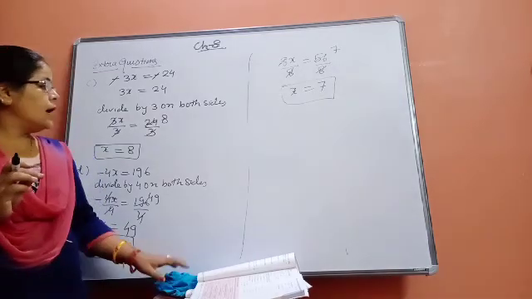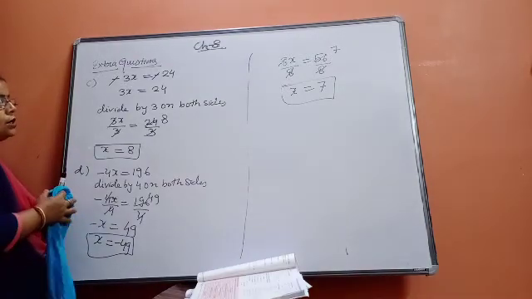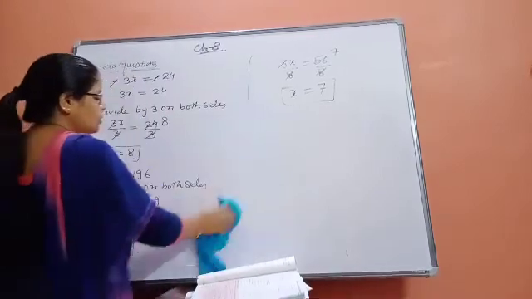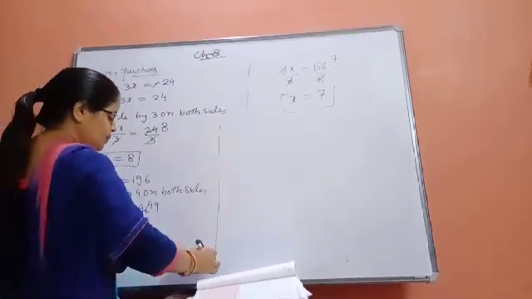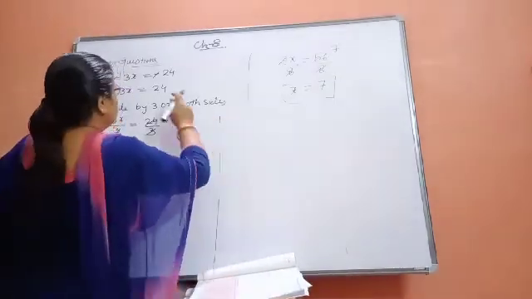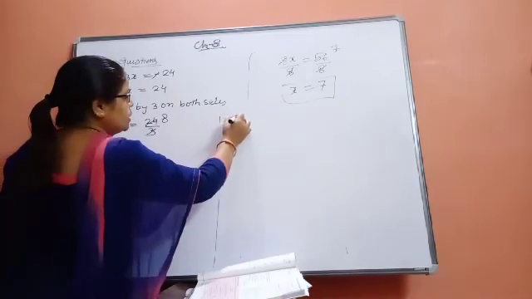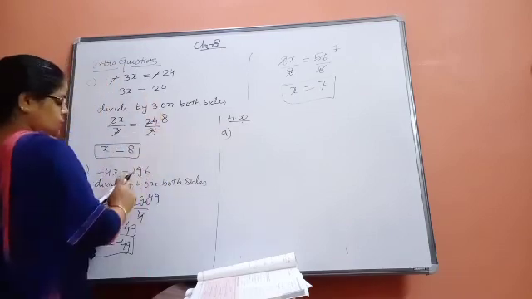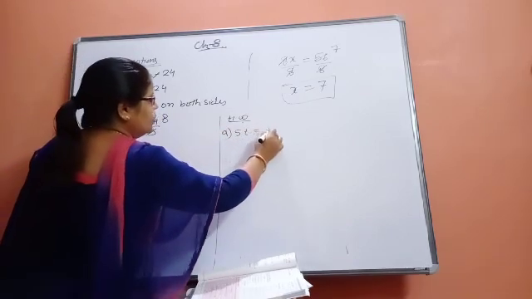Now I am writing some questions here for your homework. You will do those questions yourself, and these extra questions should also be in your copy. On the basis of these two questions, I am giving you homework. First, 5t is equal to 125.